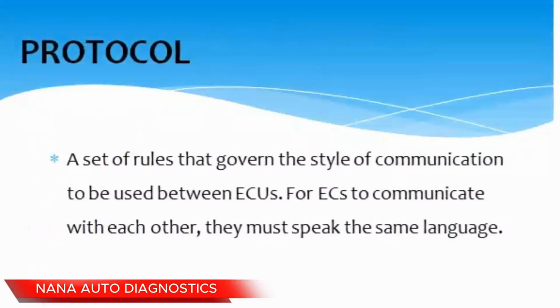Let's move on to our next terminology, which is protocol. Protocol is defined as a set of rules that govern the style of communication to be used between ECUs, which are electronic control units. For ECUs to communicate with each other, they must speak the same language.